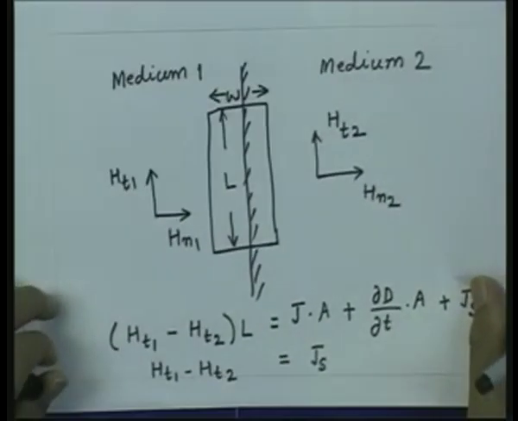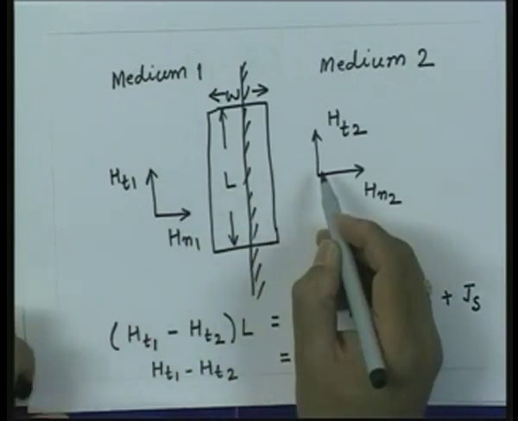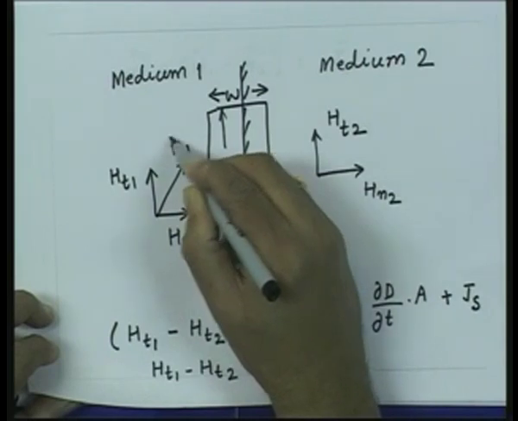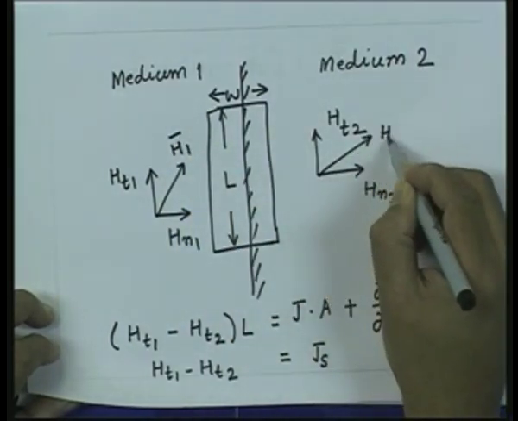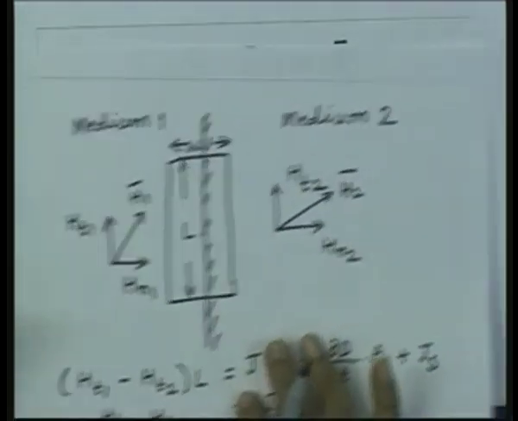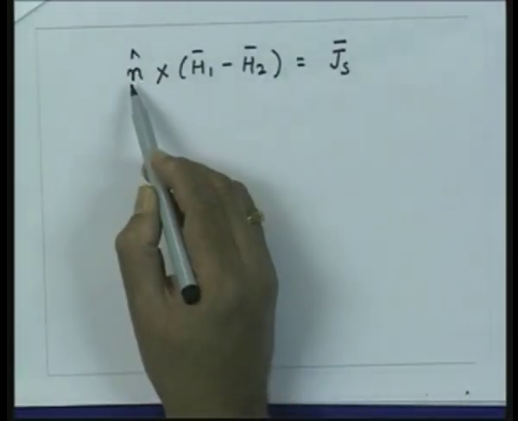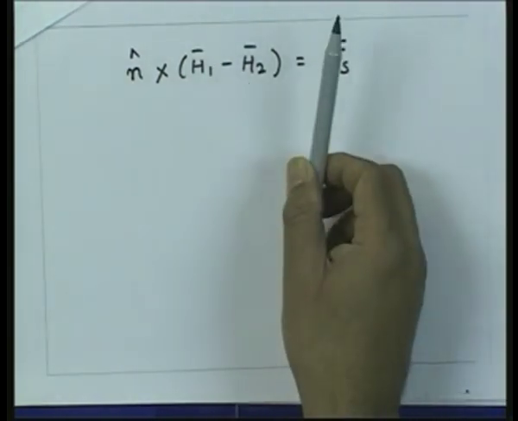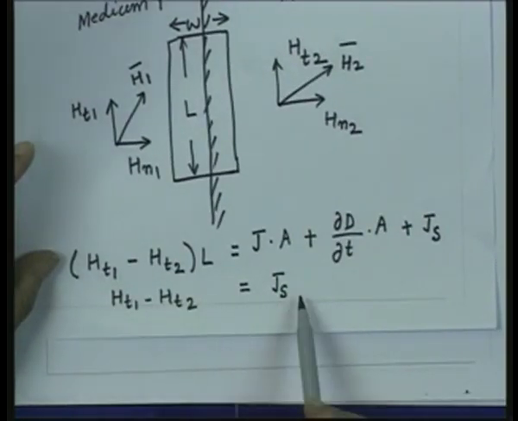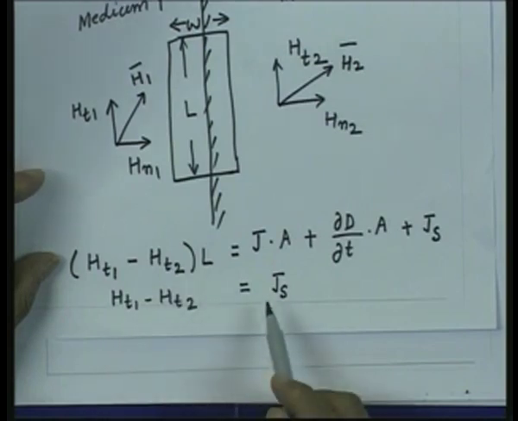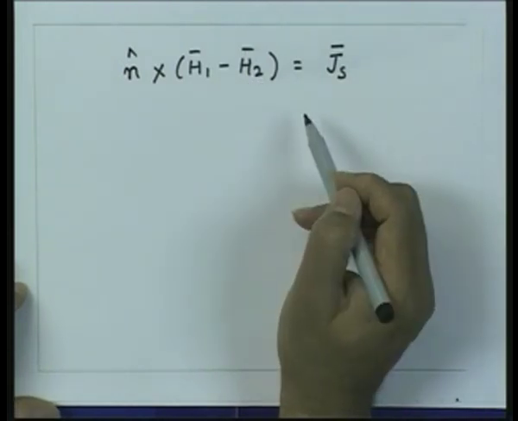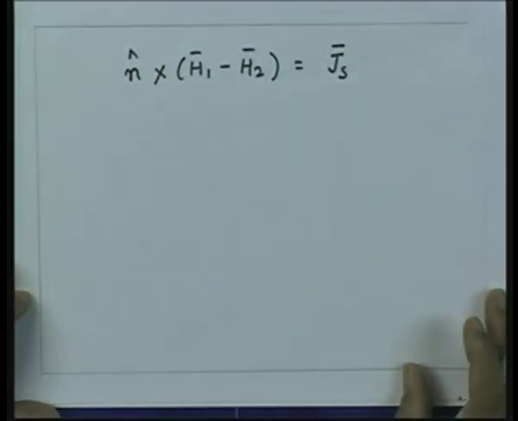So here n is the normal to the interface, H1 and H2 are the total magnetic fields. So this is H1, this is H2, and the cross product of the unit normal to the interface and the magnetic field gives a component which is the tangential component. So the same thing can be written in the form of the vector magnetic field as n cross H1 minus H2 is equal to the surface current density.